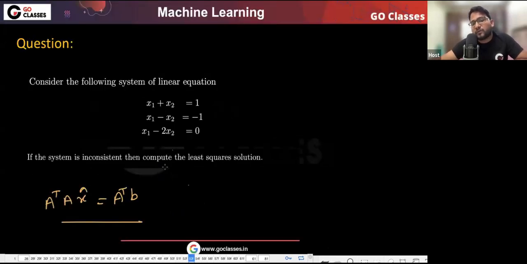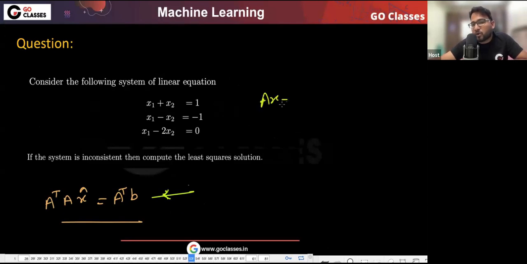The projection is always possible, which means that this p equal to A x cap is always possible. I'm just telling you intuitively. Obviously we will prove it mathematically also, that you always have a solution for this set of equations. So this set of equations is always consistent, fortunately.